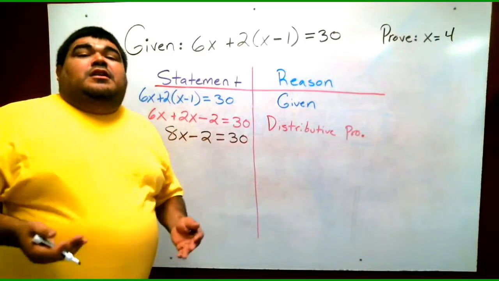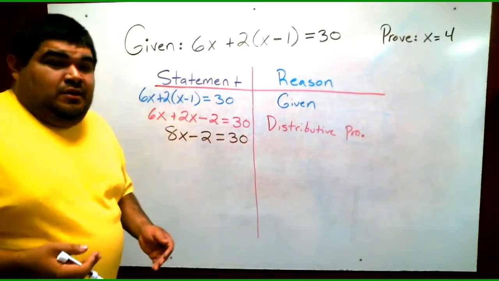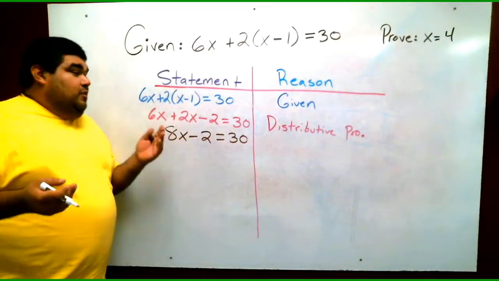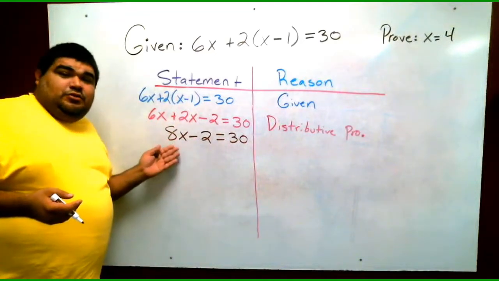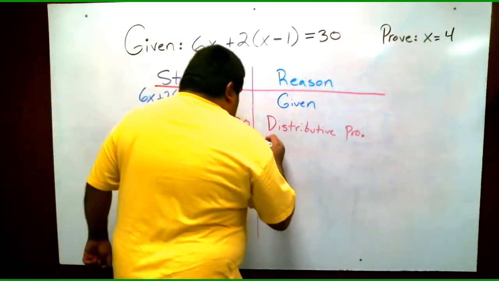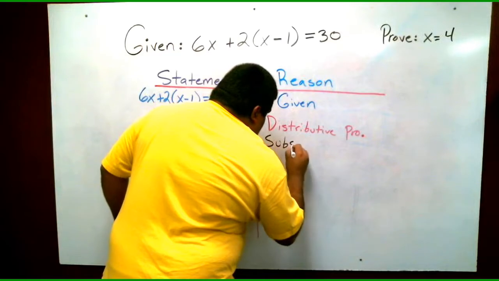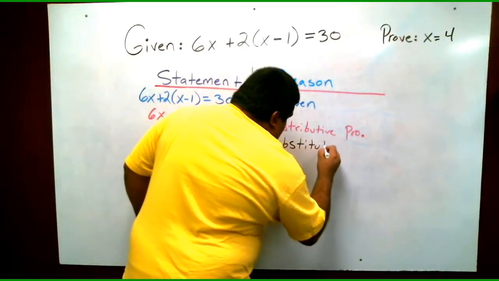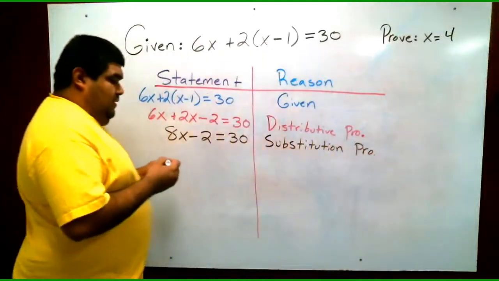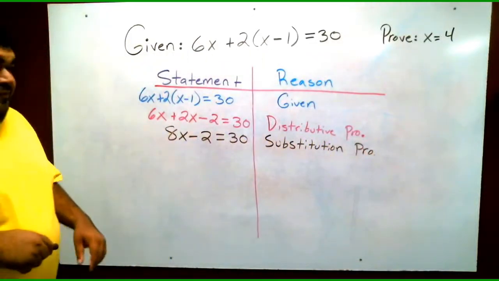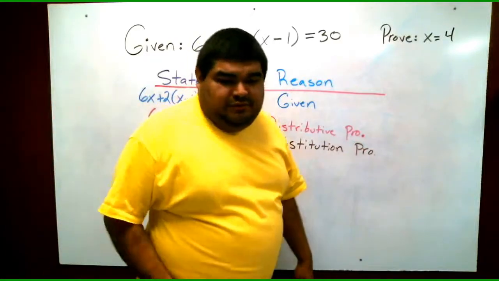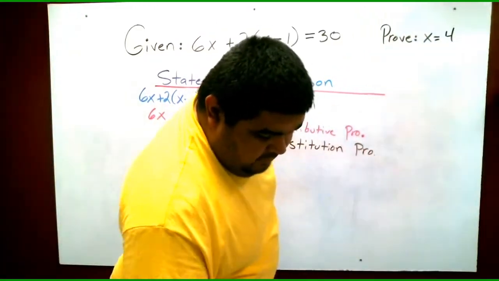All we did is substitution, okay? Because it's still the same value. The value didn't lose itself. It's 6 plus 2 is 8, that's what we have. So we did substitution property. Okay? Notice that I'm not writing the whole property, I'm just putting a little period at the end to signal that it's still continuous.